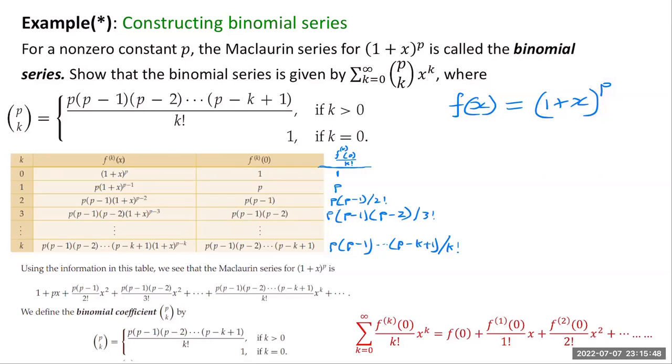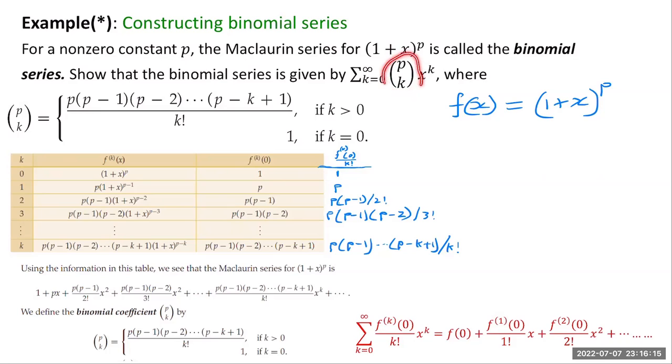So we need to find the binomial series of this function, or in other words, we need to find the Maclaurin series of this function, and we need to show that it takes this form with this pk. Sometimes this is called p choose k in the combinatorics perspective, but we are not going to worry about combinatorics here. We just write pk, okay?